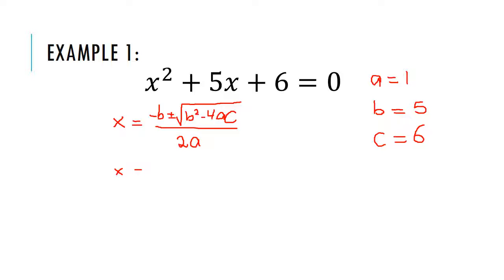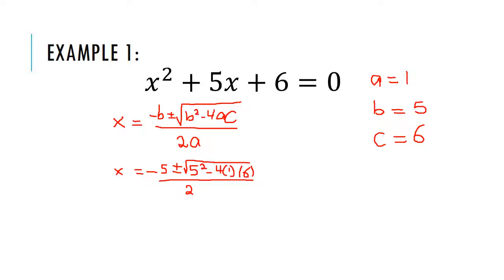So I'm going to end up with x equals negative 5 plus or minus the square root of 5 squared minus 4 times 1 times 6, over 2 times 1.